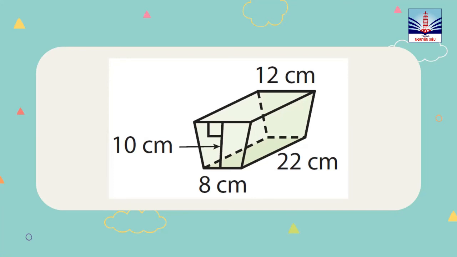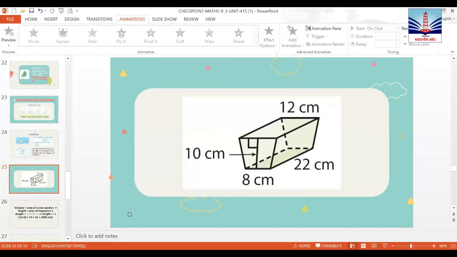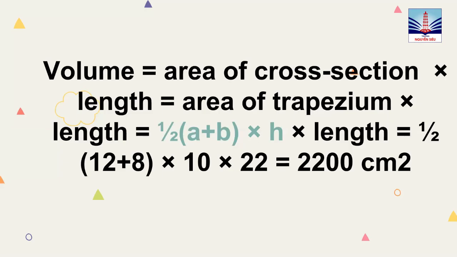The answer is 2200 centimeters cubed. Okay, let's see if your answer is correct. Okay, so the volume for this prism is 2200 centimeters squared.